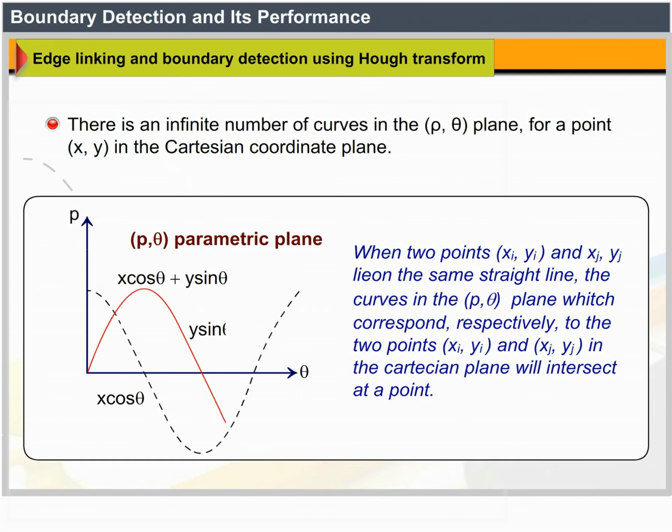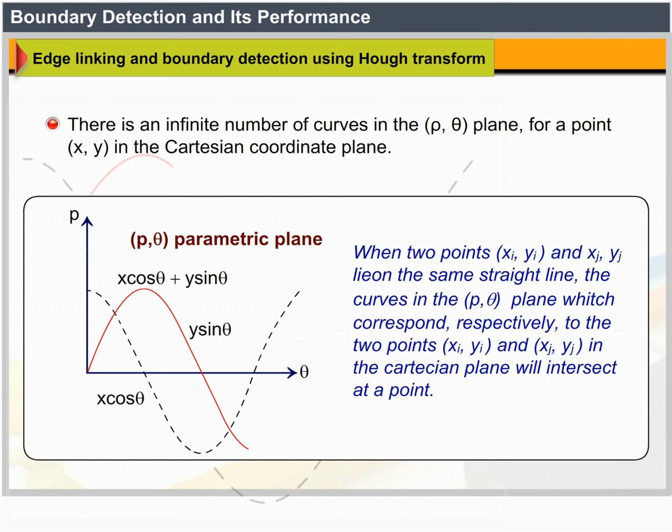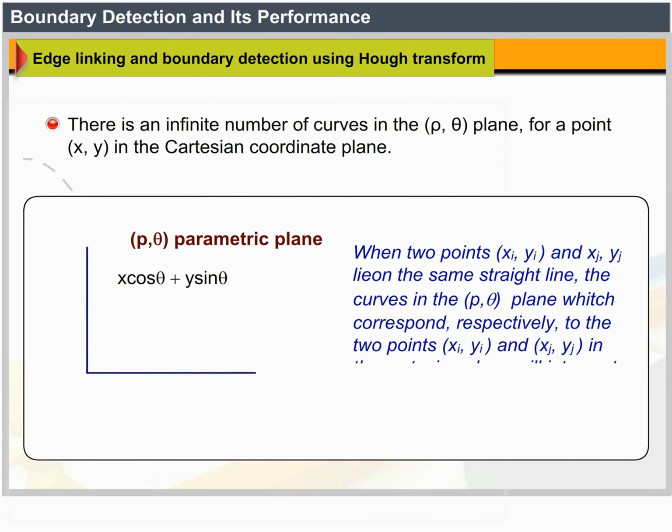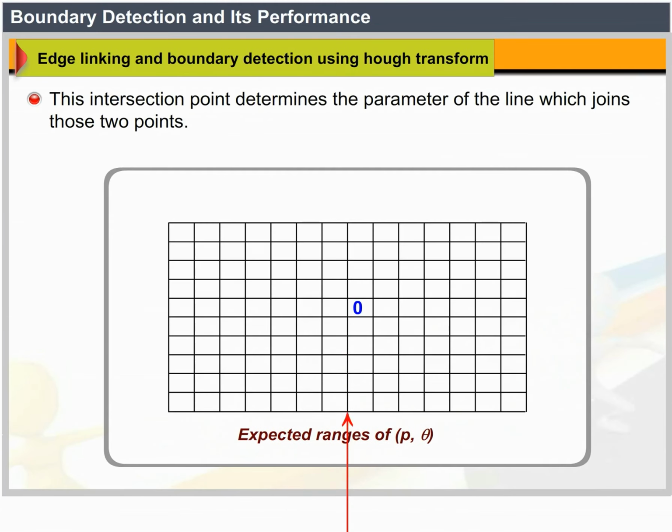When 2 points (x_i, y_i) and (x_j, y_j) lie on the same straight line, the curves in the rho theta plane, which correspond respectively to the 2 points in the Cartesian plane, will intersect at a point. This intersection point determines the parameter of the line that joins these 2 points.